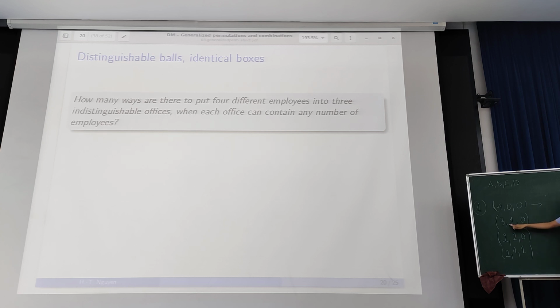So in the second case, where you have 3 people in the same office and 1 isolated one, how many ways are there? How many subcases are there?